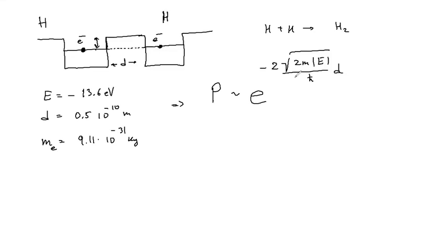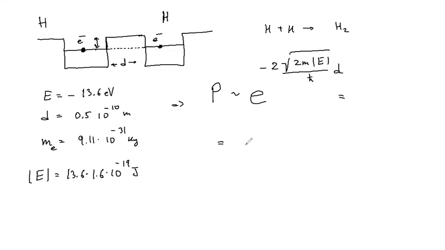We're still going to have the Planck constant, of course, but now the numbers are different. And I have to change energy to joules because it's all standard units. So 1 electron volt is 1.6 times 10 to minus 19 joules.